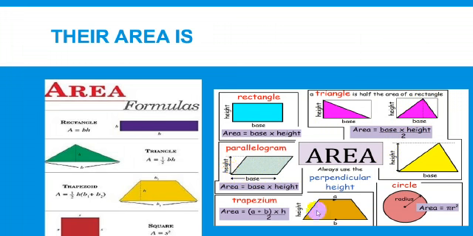In the trapezium we have base A plus base B, the sum, times the height over 2. And in the circle the area is pi times the radius to the power of 2, where we say that pi is equal to 3.14 or 22/7.